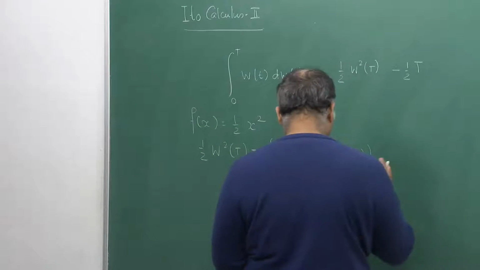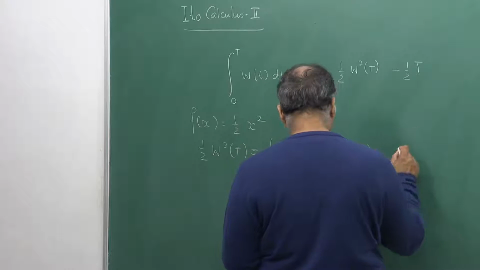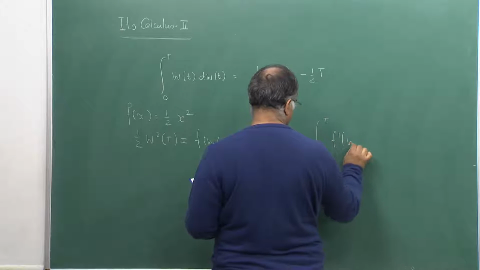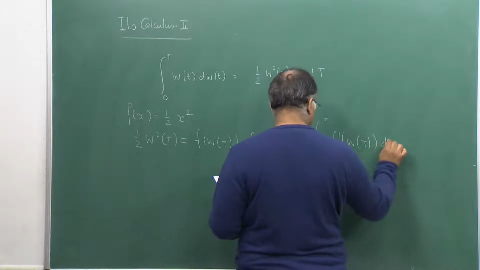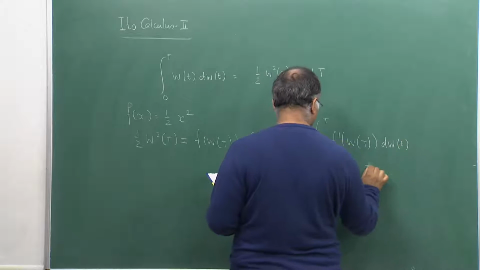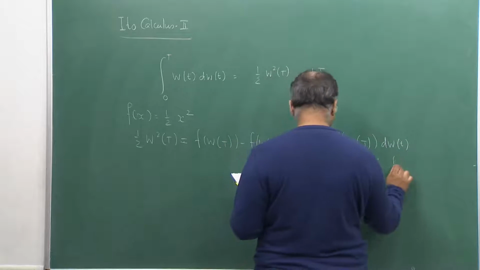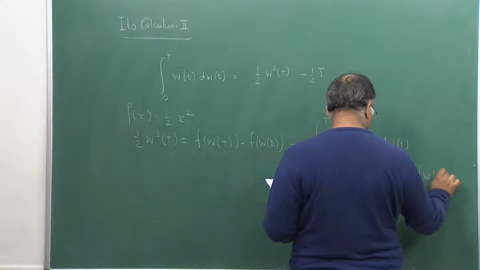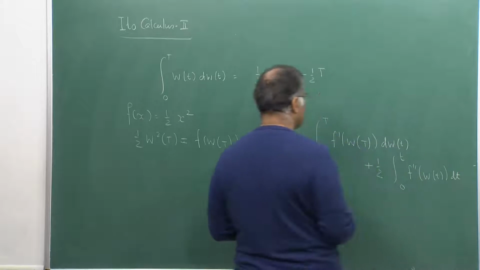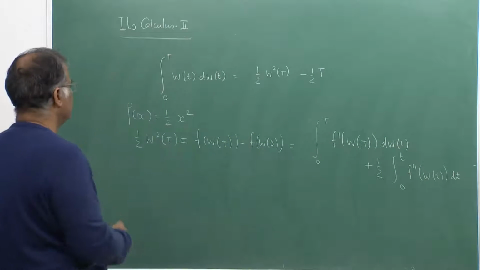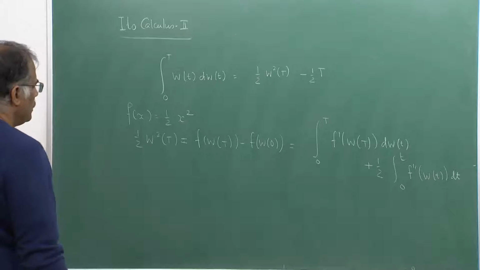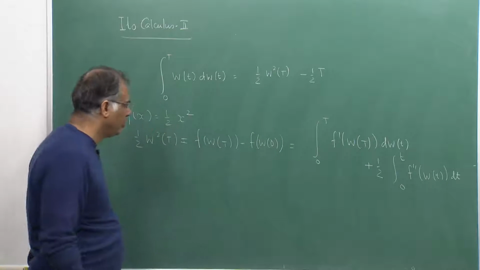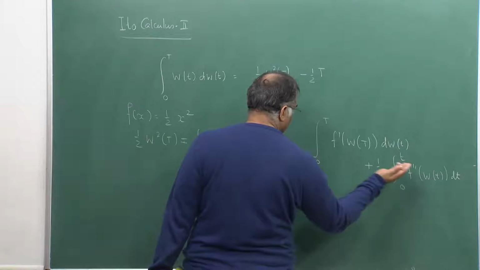So, here x square by your formula should be the integral from 0 to t of f dash wt dwt plus half of the integral from 0 to t of f double dash wt dt. So, what is happening here? We know that f dash is wt and we know f double dash is 1.